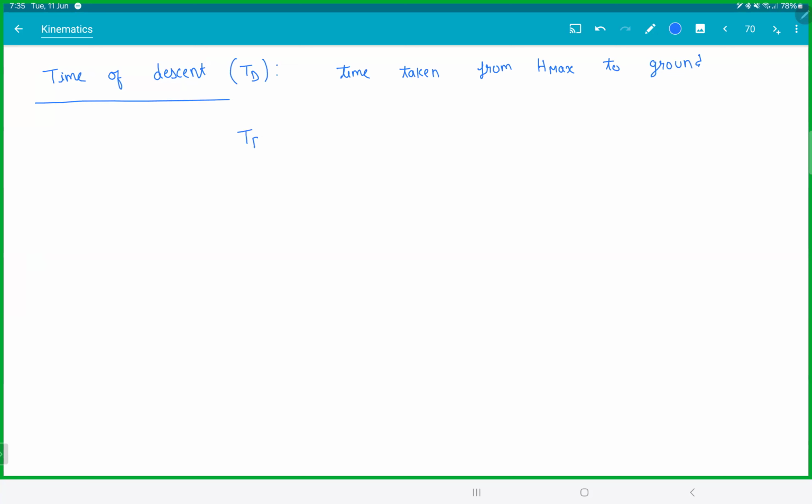We know the time of flight is time of ascent plus time of descent. So from here we get time of descent is equal to u by g. Again, this is not valid for buildings.